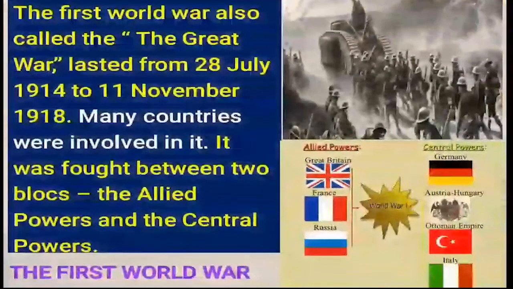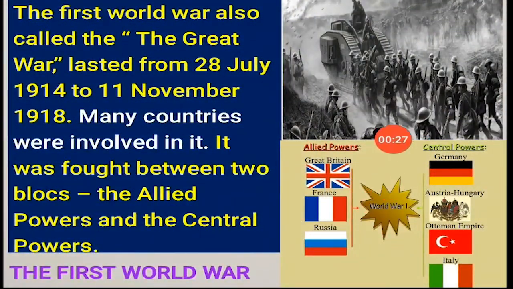The First World War, also called the Great War, lasted from 28 July 1914 to 11 November 1918. Many countries were involved in it. It was fought between two blocs, the Allied powers and the Central powers. So, who were the participants of Allied powers and that of Central powers?